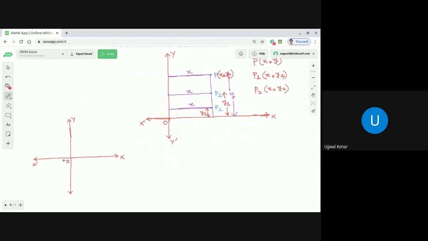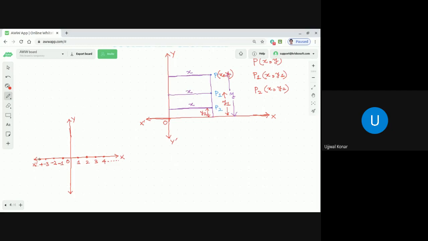Now, if you look at those two mutually perpendicular straight lines, on the right side of the origin O, we mark equidistant points as the positive points. That means it is 1, 2, 3, 4, and so on. On the left of it, we write -1, -2, -3, -4, and so on.